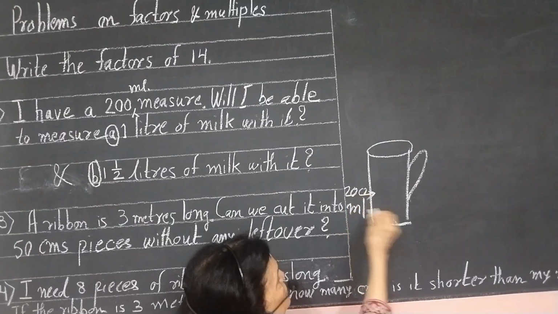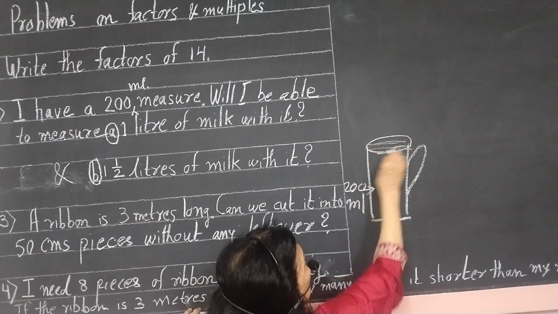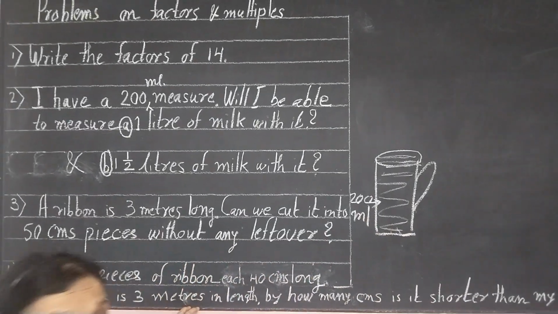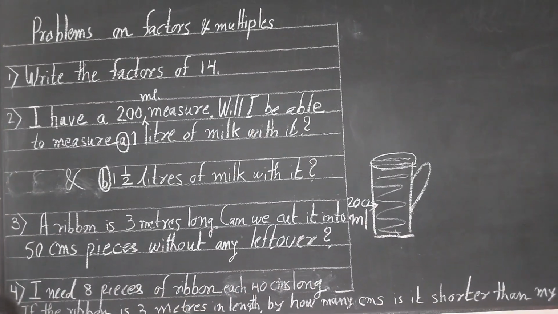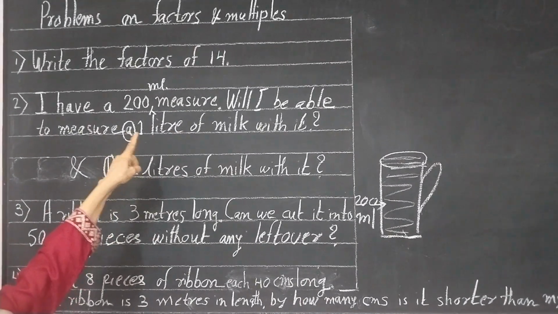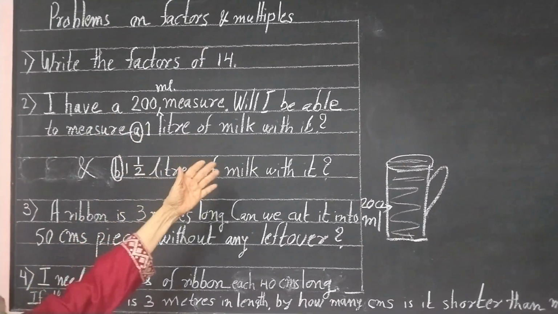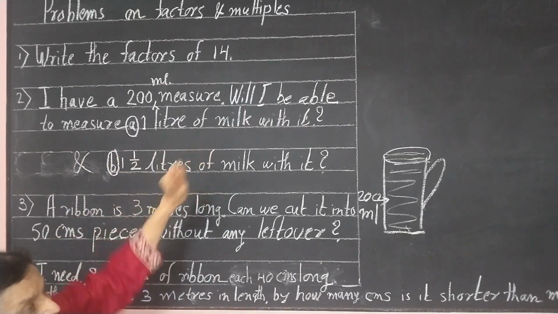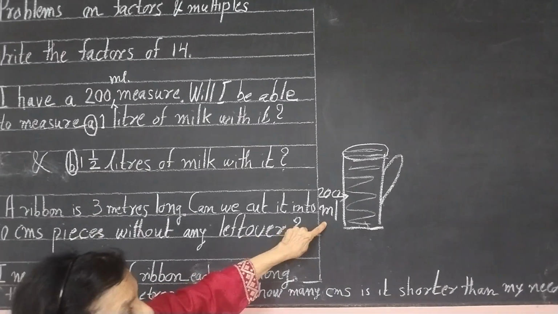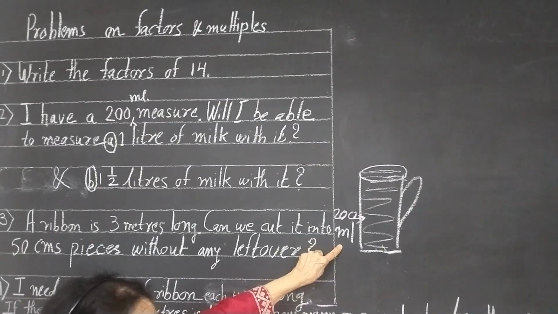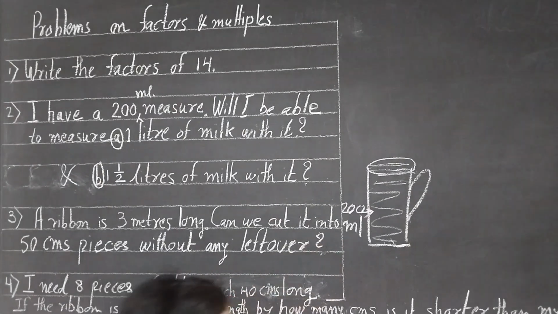So when you fill it up to the brim with milk, that means it is 200 ml of milk you have taken in it. Once you understand the meaning of a 200 ml measure, the rest of the things become very easy. 1 liter of milk. This is in ml, and hence first of all we will have to convert 1 liter into ml.